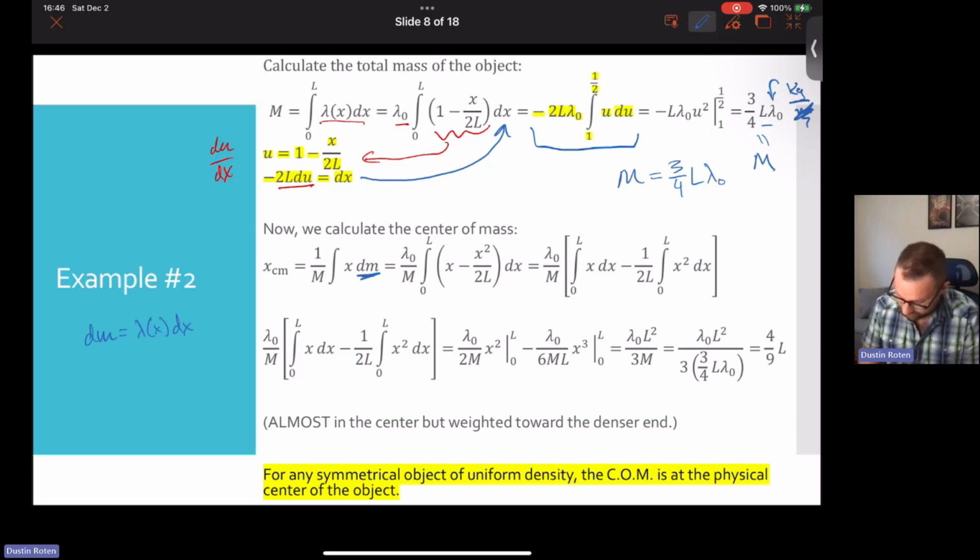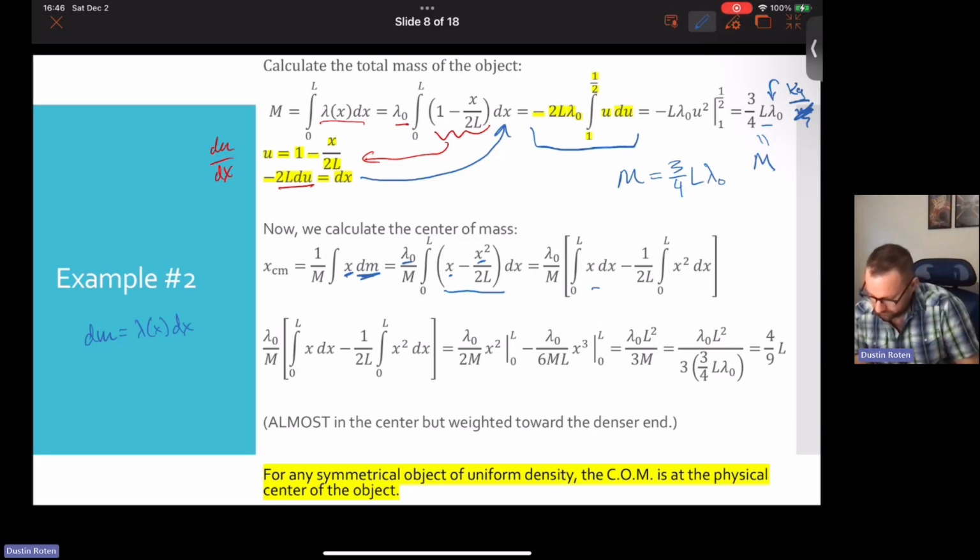Okay, so I've plugged that in here because my lambda is those terms. I pull out the constant. You'll notice I went ahead and multiplied this extra x from the equation in there. And then all you have to do is just turn the crank.